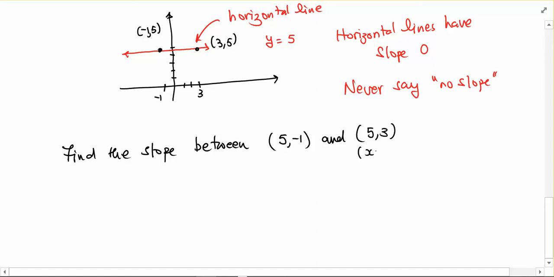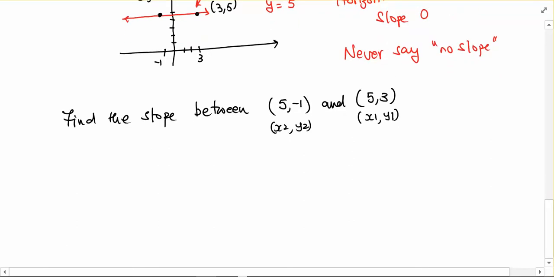I'm going to change things up and call it this way. And so m is equal to y2 minus y1 divided by x2 minus x1. So this is minus 4 over 0. And when you divide by 0, which cannot be done, we know that this is undefined.